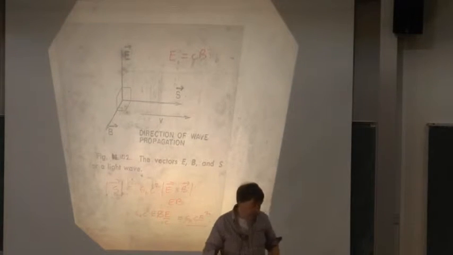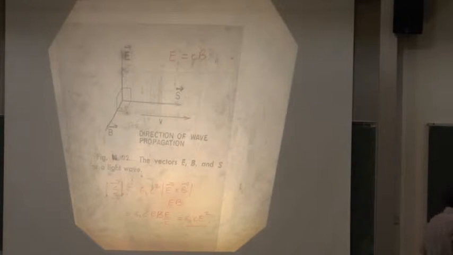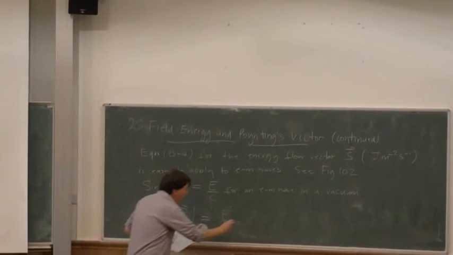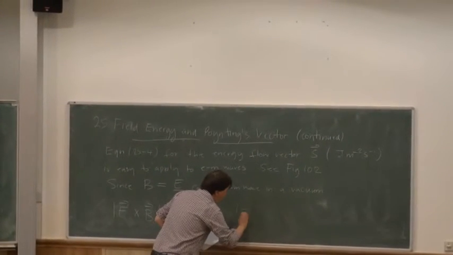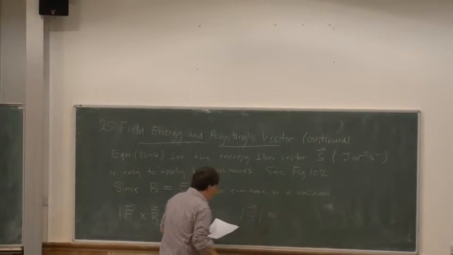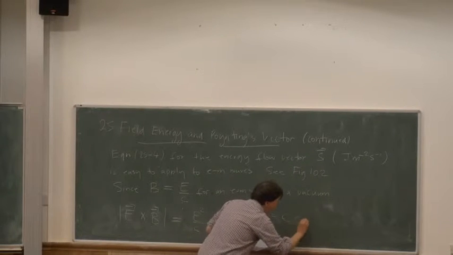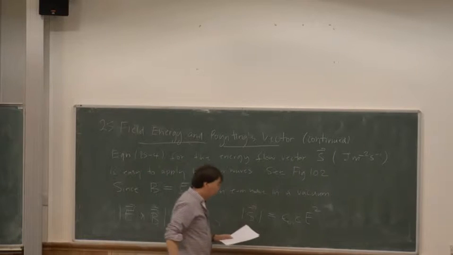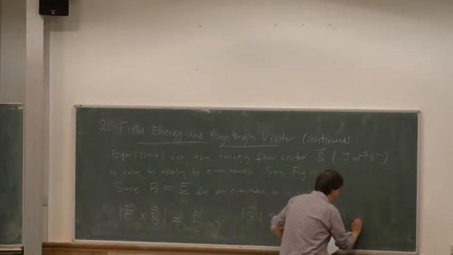So the magnitude of the Poynting vector is epsilon naught C E squared, and that is the correct C, not C squared, and this is equation 25(5).